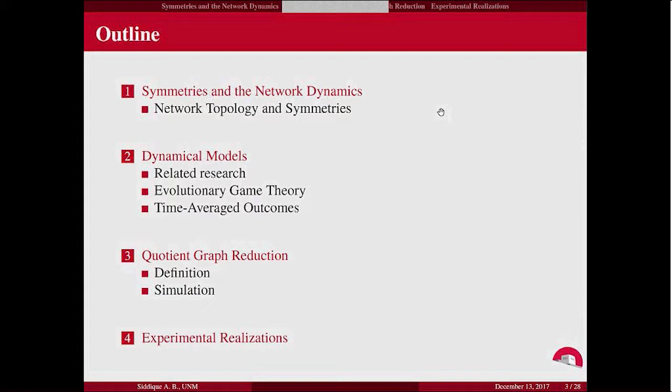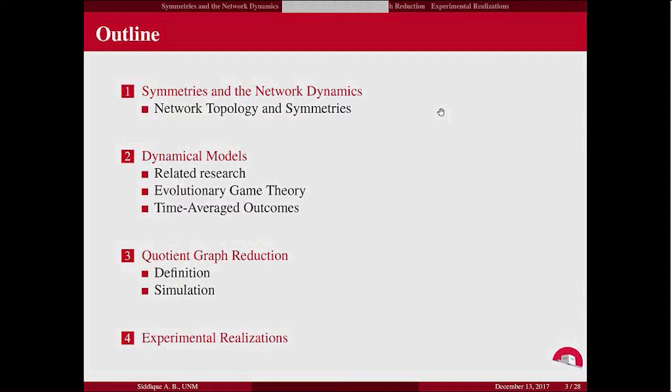And today I'd like to talk about some network topologies and symmetries, how we can partition the network, how we can get the clusters, and how the clusters can show up in the time-average dynamics.